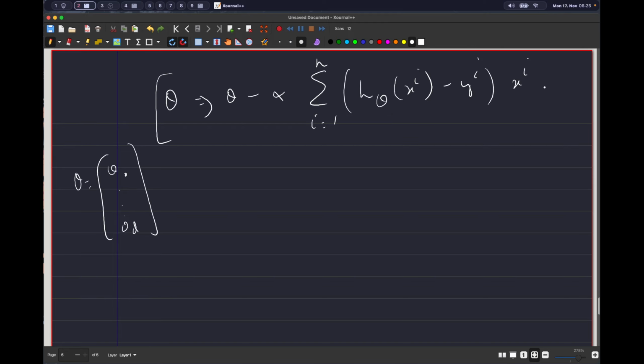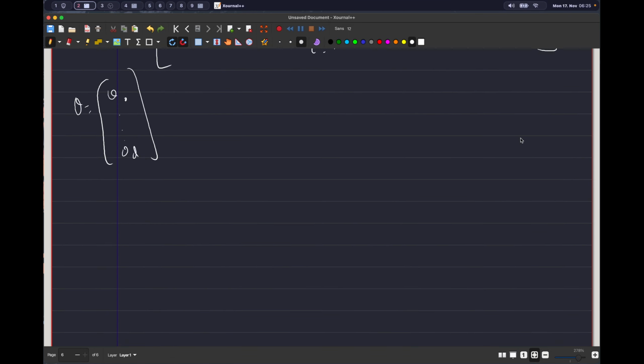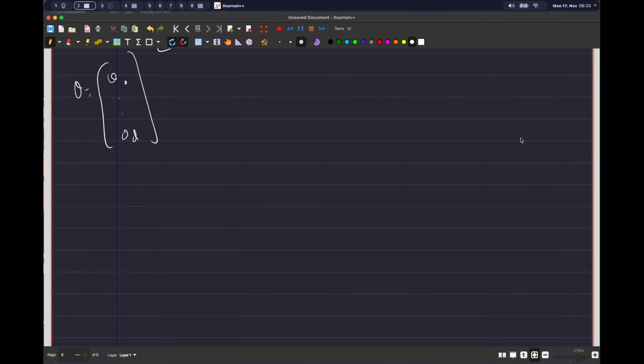See, there is no j here because we are updating all the theta at once. So all the d parameters, all the theta going from 0 to d, will be updated at once using this update rule. So very easy to understand equation. Now this is basically what we call gradient descent.